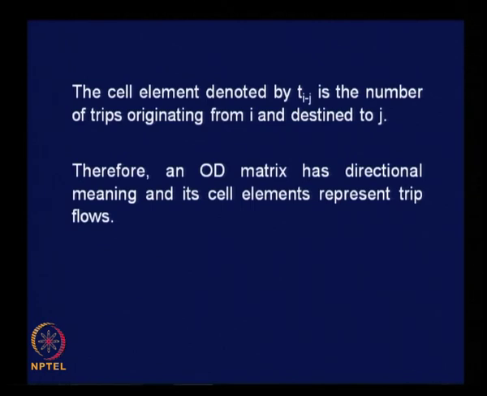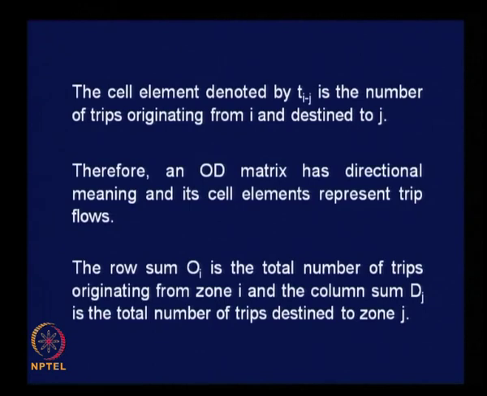Actually, you will have a feel of the trip flow from one zone centroid to another zone centroid. The row sum Oi is the total number of trips originating from zone i, and column sum Dj is the total number of trips destined to zone j.